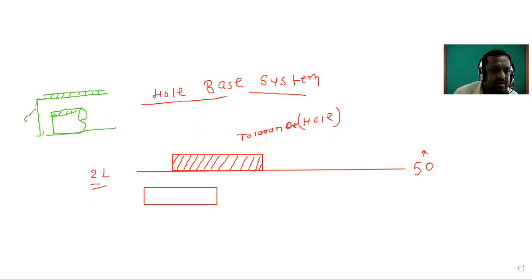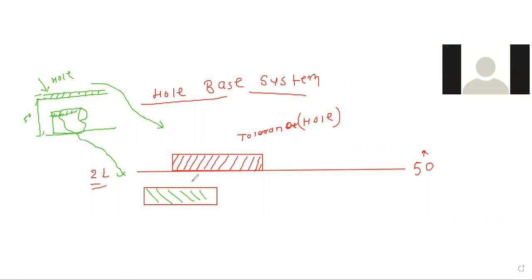What is this? 50. This is the tolerance zone for the hole, and this is the tolerance zone for the shaft. The tolerance zone of the shaft is below the zero line. See, this is called the clearance fit.